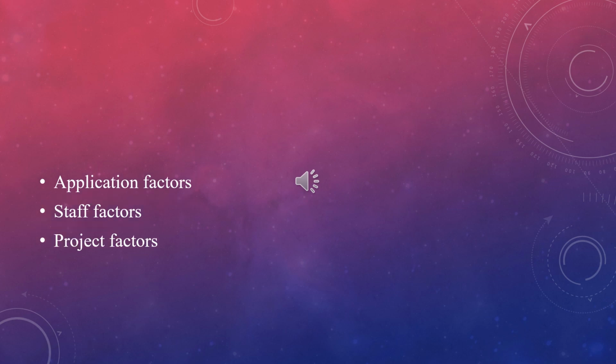The third factors are related to project factors. It is important that the project and its objectives are well defined and absolutely clear to all members of the project team and all key stakeholders.